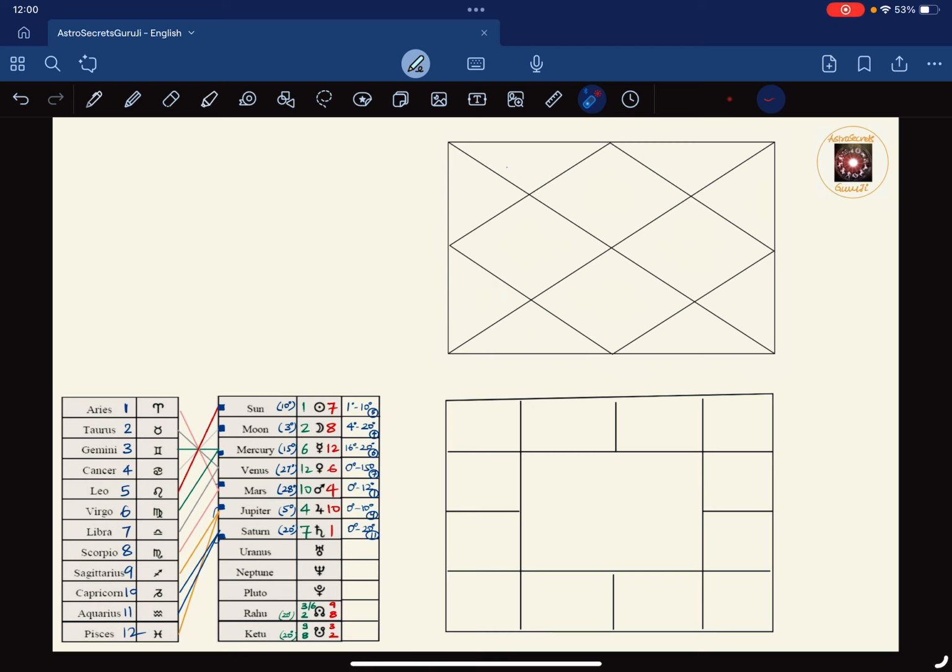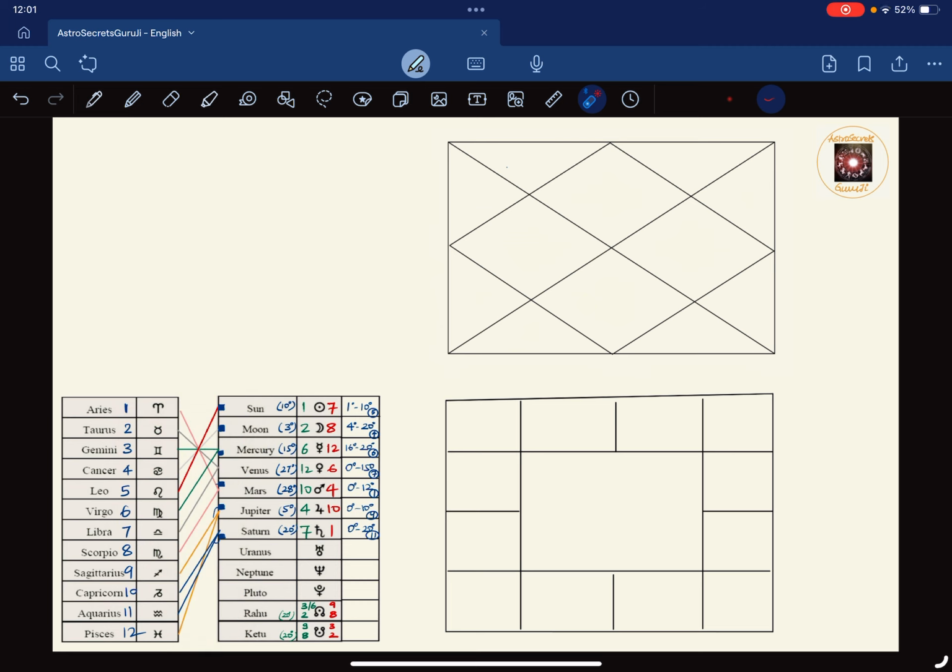Now these three qualities are repeated. So Aries is cardinal in nature, then Taurus is fixed, and Gemini is mutable. Now CFM, it again gets repeated. So Cancer is cardinal, Leo is fixed, Virgo is mutable. Cardinal, fixed, mutable, cardinal, fixed, mutable. So that is how it is, right?